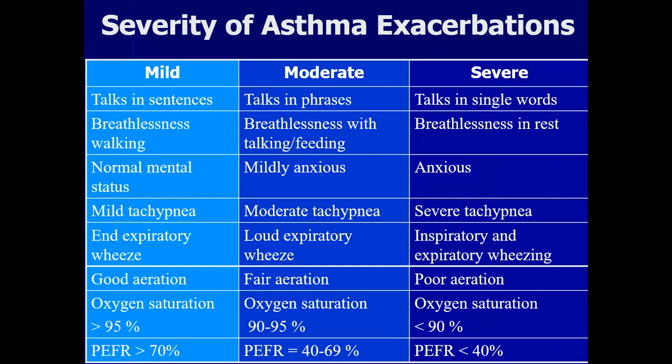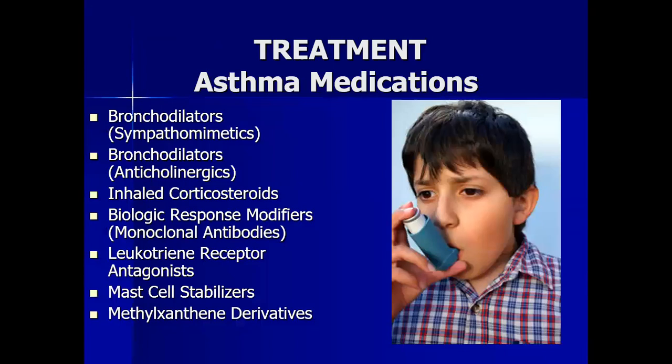It depends on talking, breathlessness, normal mental status, mild tachypnea and expiratory wheeze, good aeration, oxygen saturation, and peak flow meter change. Due to all these parameters, we will have a moderate or mild severe course of asthma.